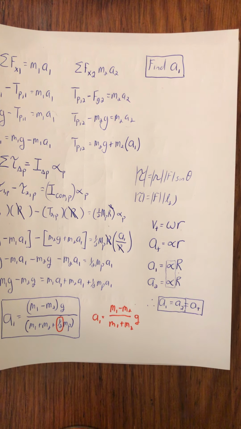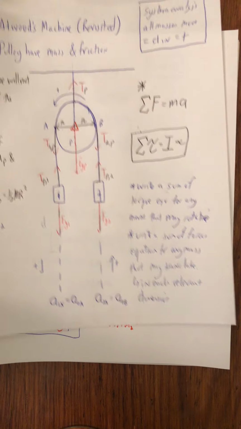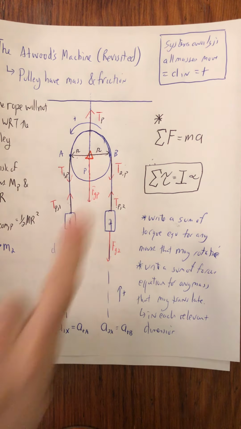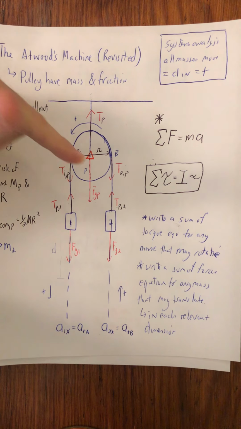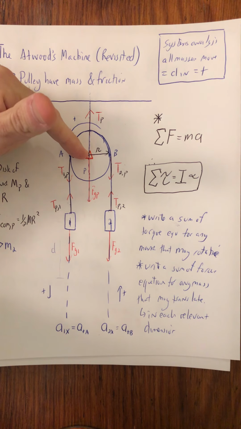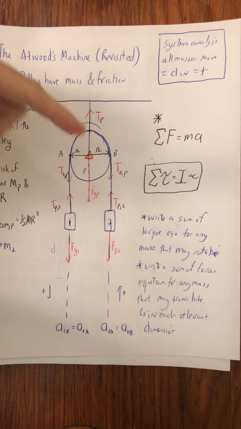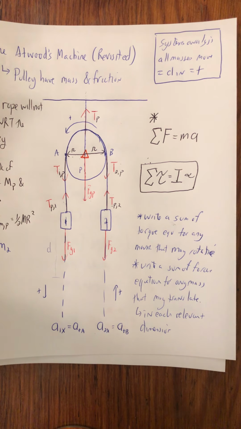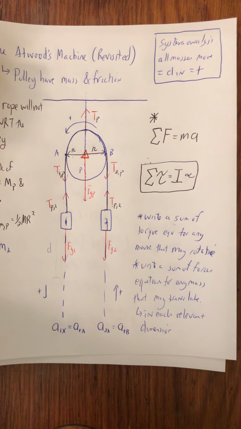So just to review a couple of things, because I know this is getting long. First, I need to understand these two forces are different from each other. Second, we have to be declaring where the axis of rotation is. Third, the systems analysis no longer works because these things don't go equal distance in equal time.